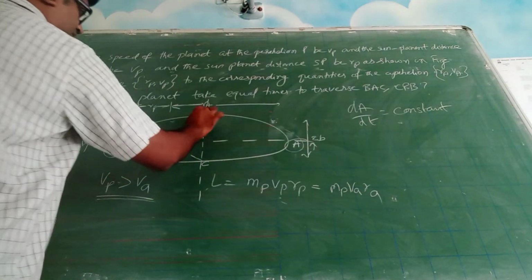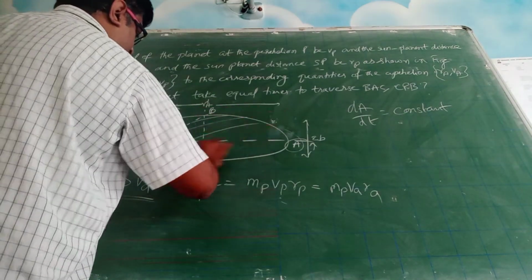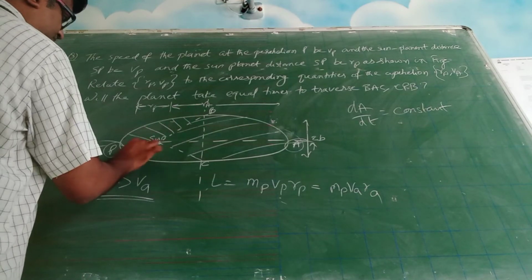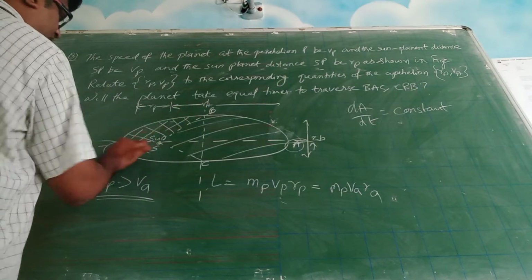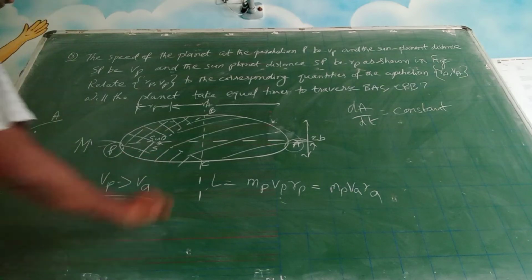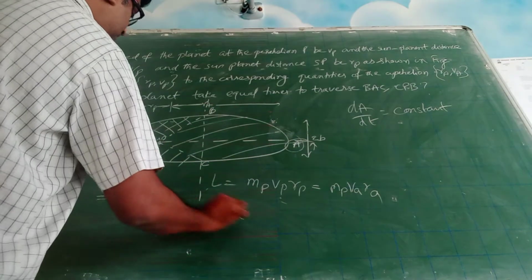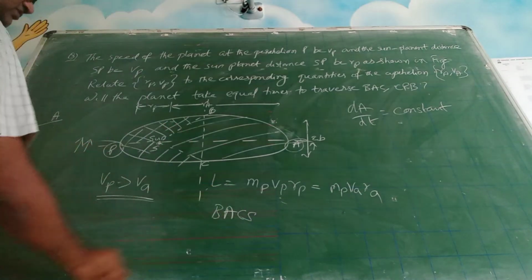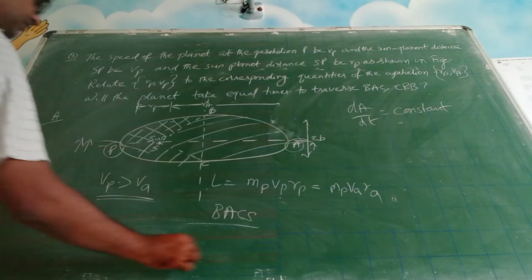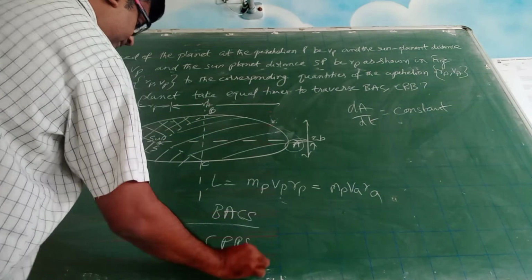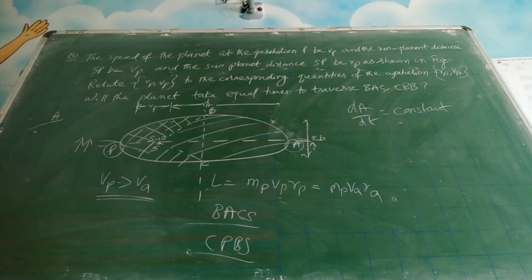So this is one area traversed and this is another area traversed. So BAC, you can say S, this is one area, and CPB S. He's asking you where you are going to take more time.